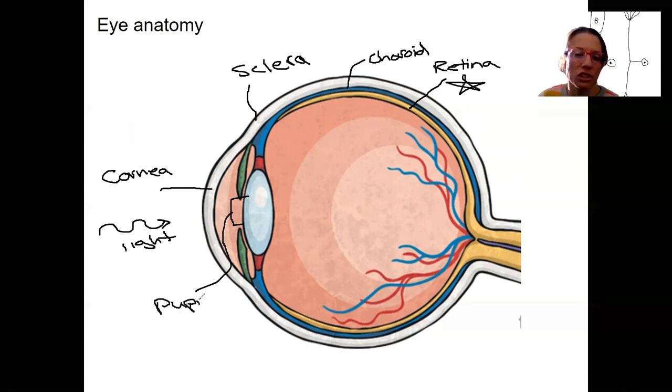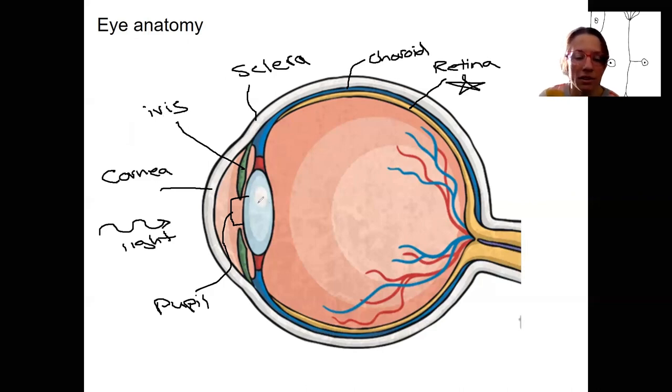Your pupil literally is just a black hole. Surrounding that black hole is the colored part of your eye. This person's eyes are green. My eyes are blue. Depending on the melanin present or not present, and the amount of melanin and the types of pigments, this iris is different colors in different individuals.